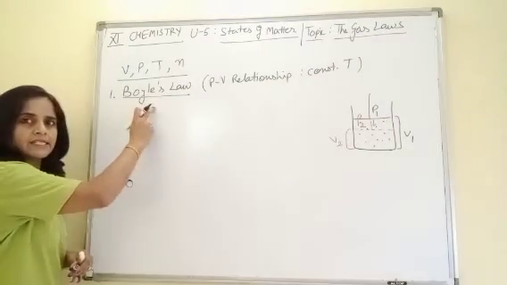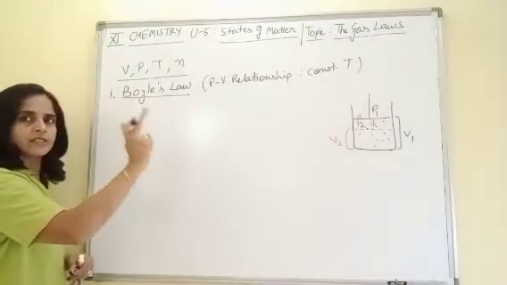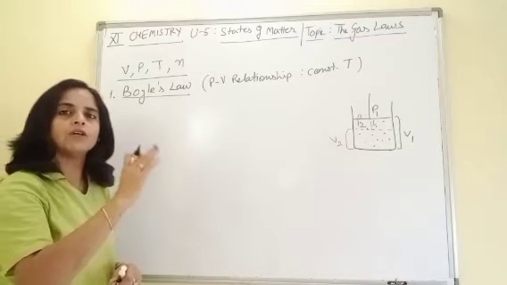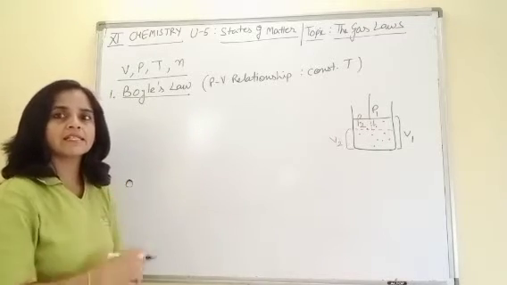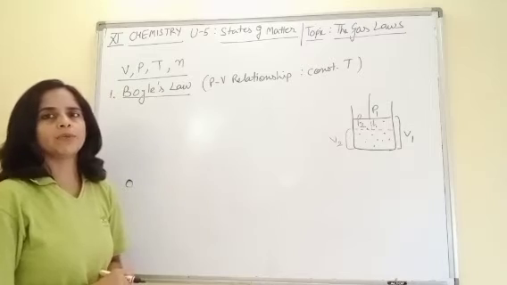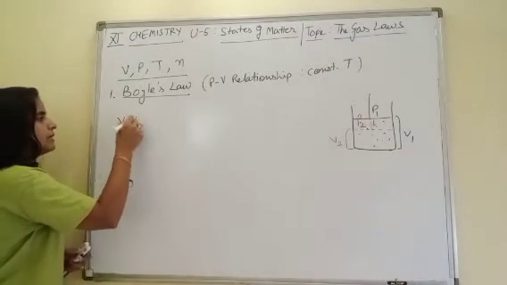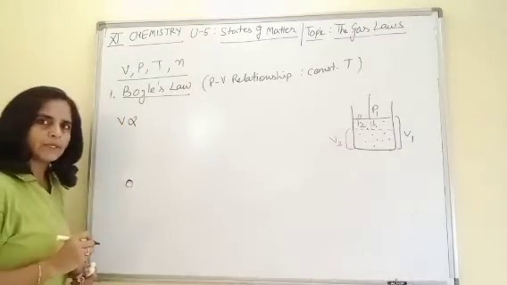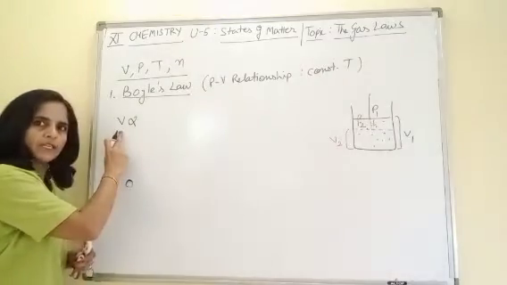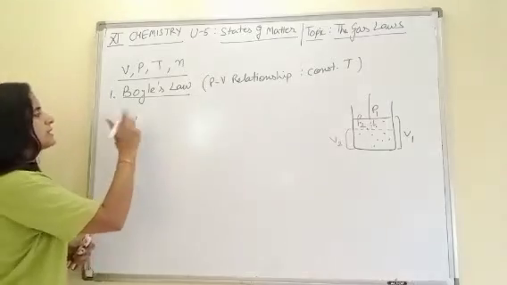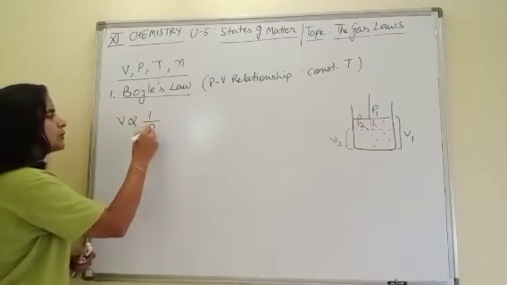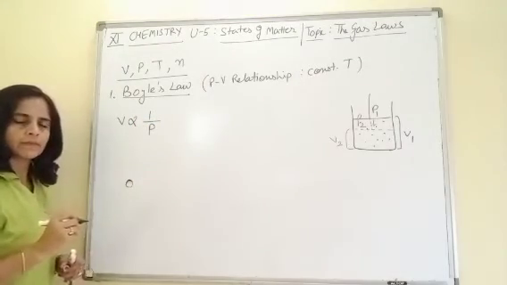So Boyle says that at fixed temperature, the volume of a certain mass of gas is inversely proportional to its pressure. Got it? I'm repeating: at constant temperature, volume of a given mass of gas is inversely proportional to its pressure.